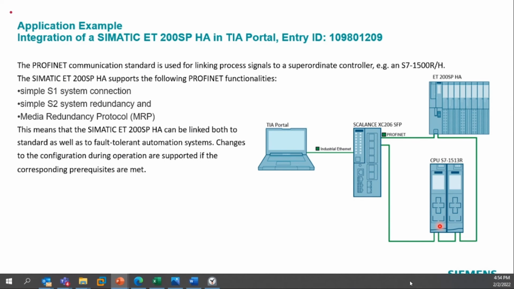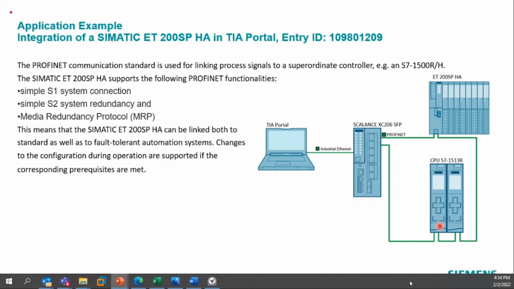At the start we saw which different IMs are supported, and you saw that the ET 200SP HA is also supported. I know some of you may think that since HA is supported, R1 redundancy will also be supported, meaning two IMs, but no, it is limited to S2 redundancy. So a simple S1 or S2 system can be configured, not an R1 device.